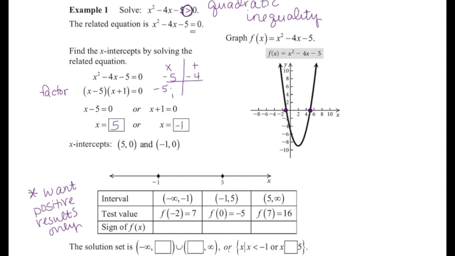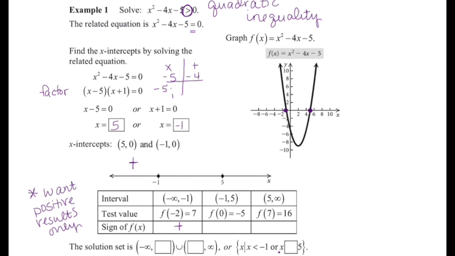So I have a table of values here. Our intervals are between -infinity and -1, -1 and 5, and 5 and infinity. I'm going to use a test value, and I want to determine what is the sign. Is it positive or is it negative? When I substitute -2 into my function and evaluate, I end up with a positive result. So between -infinity and -1, we have a positive result.